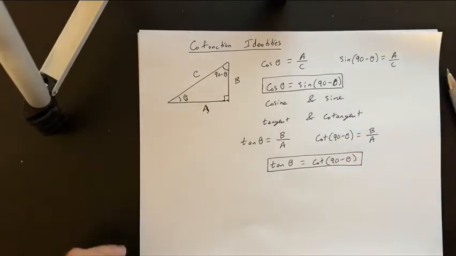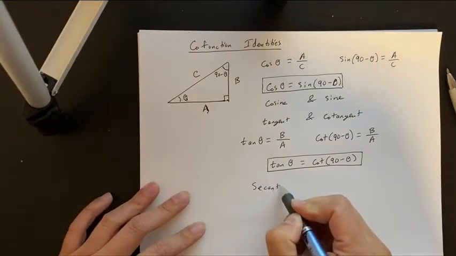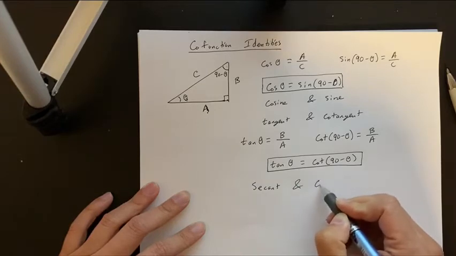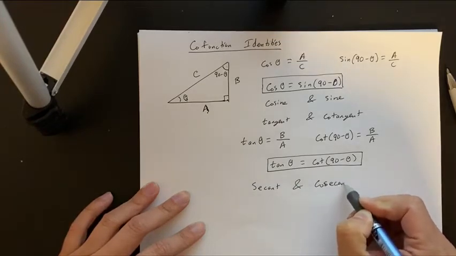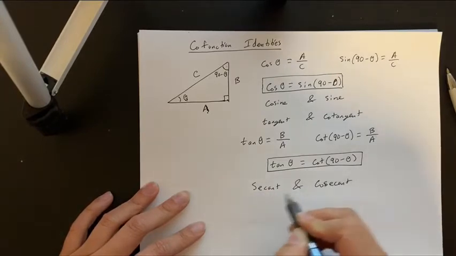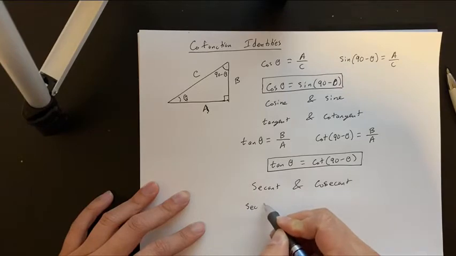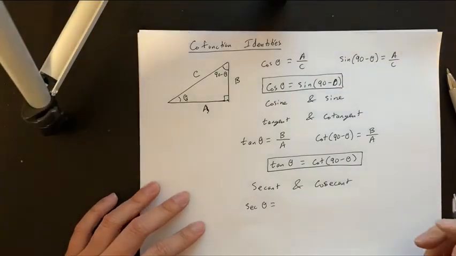And you can do this for any other pair. So let's do secant and cosecant. They're cofunctions of each other. So if I do secant of theta, what should I get?